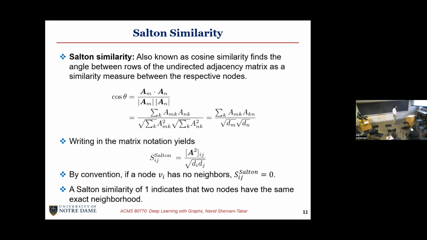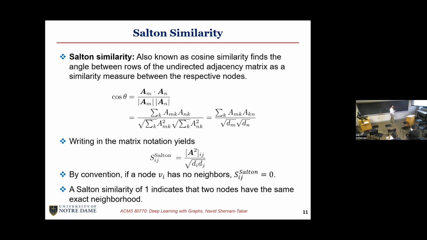And for example, in the similarity of nodes i and j, you're looking at element ij of the square of the adjacency matrix, and we divide that by the square root of the multiplication of the degrees of the corresponding nodes.